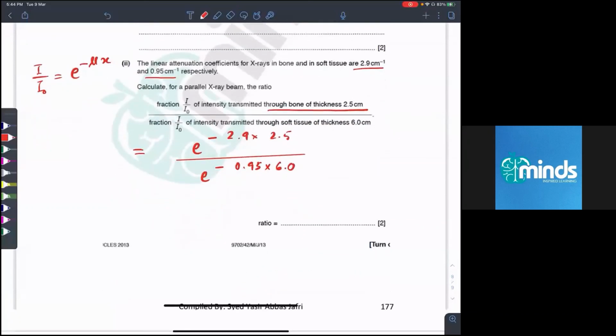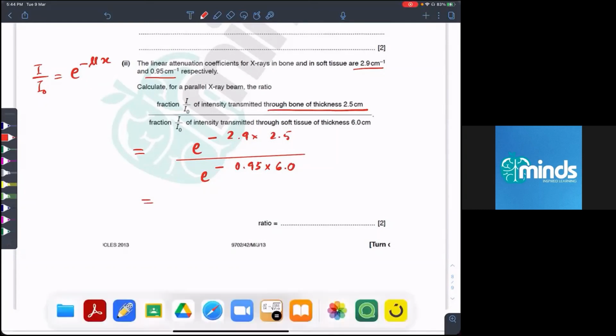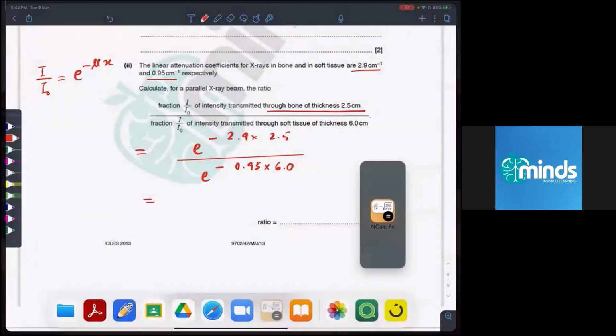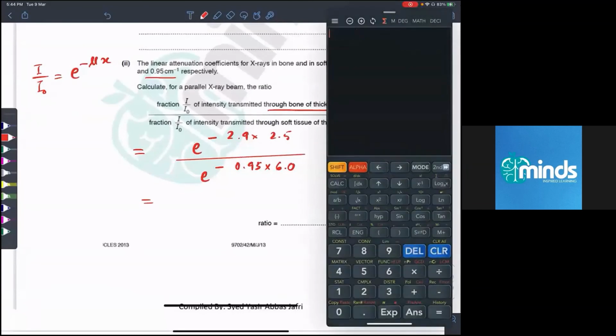Now, if I want to calculate this, your calculator can easily calculate e raised to this power. So if I calculate this value, what will we be getting? Yes, Anas, what are we getting as the answer? Sir, 0.21. 0.21. And Amna, if you don't know how to do this, see, in your calculator there is a button which says ln. If I press shift and ln, I will get e power. Now feed the value minus 2.9 into 2.5.